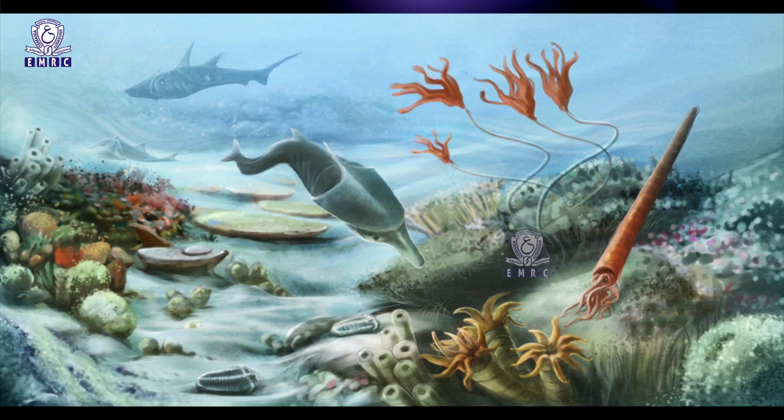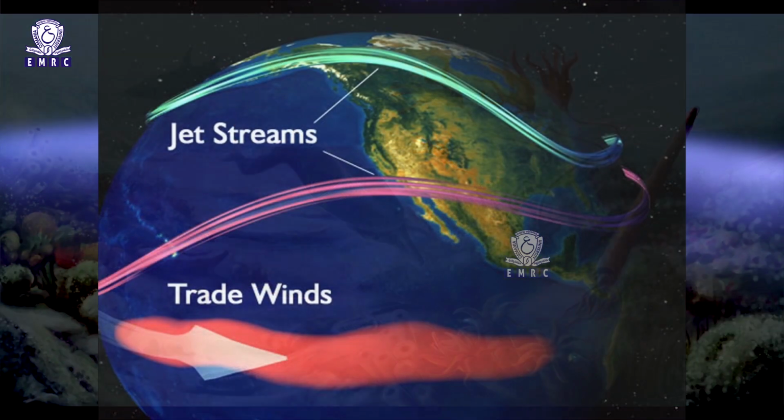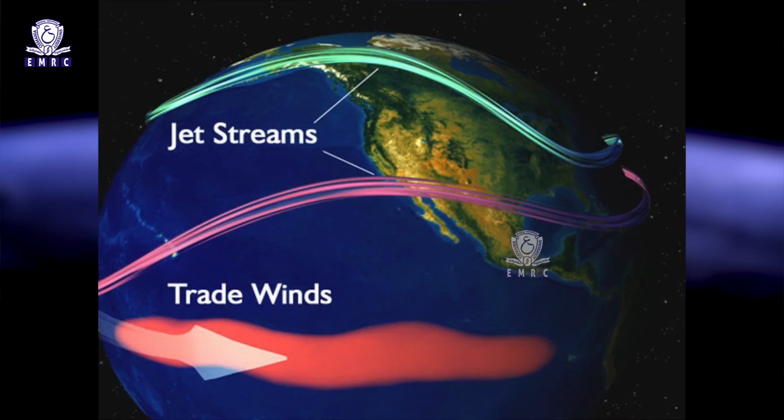Permian period. The Permian is a geological period which spans 46.7 million years from the end of the Carboniferous period. The Permian period is the last period of the Paleozoic era. During this period, different climatic conditions prevailed over the Earth's surface.